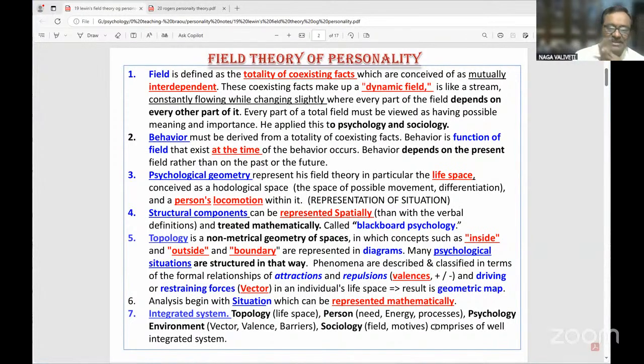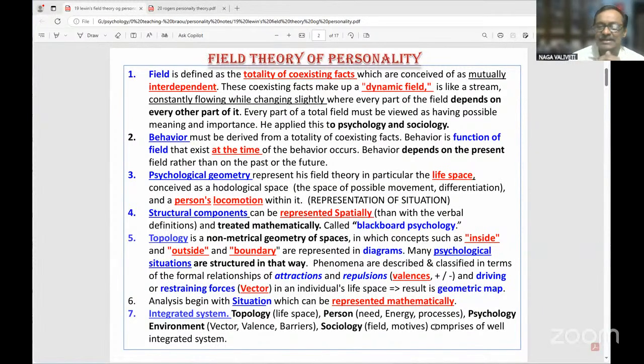Then there are certain concepts, different structural elements. Every personality theory should focus on the structure of the personality and the dynamics or functions of the personality. He also discussed them, and the structural components like the person or the self and non-self. This is the class of structural concepts.